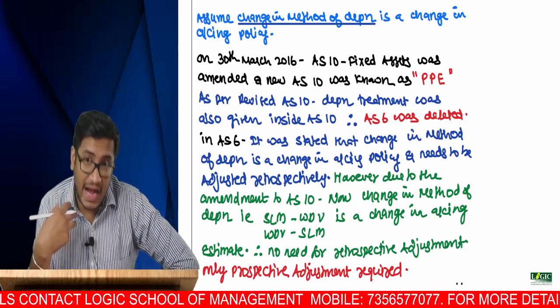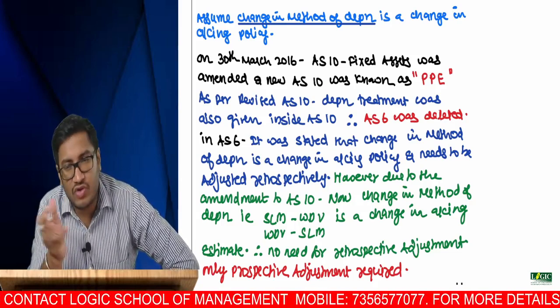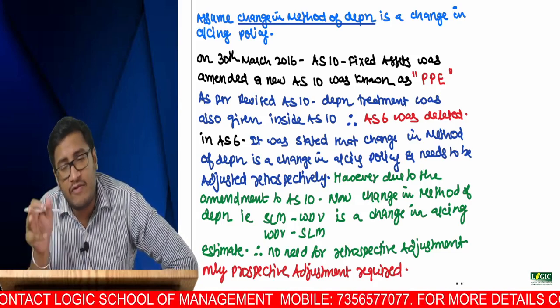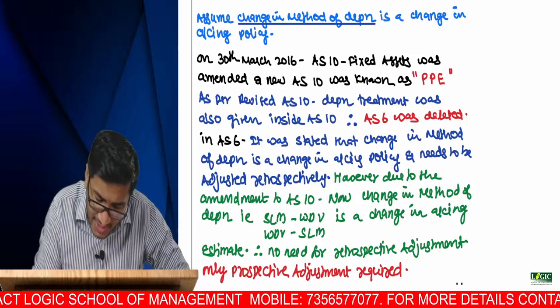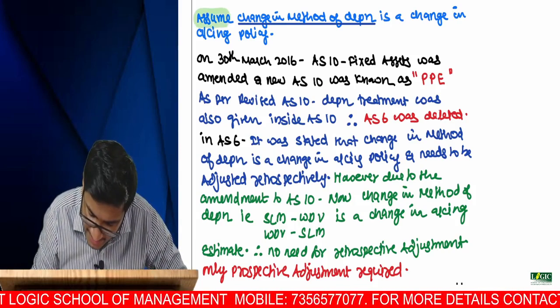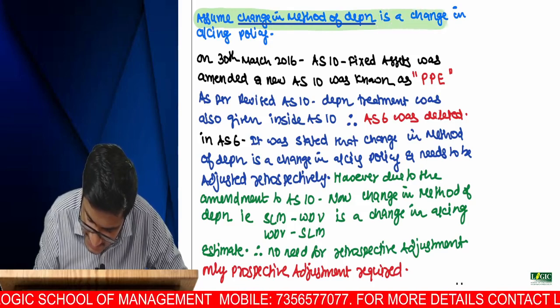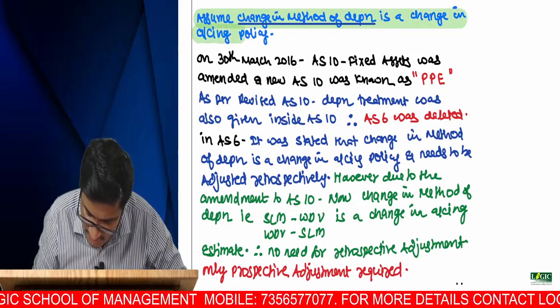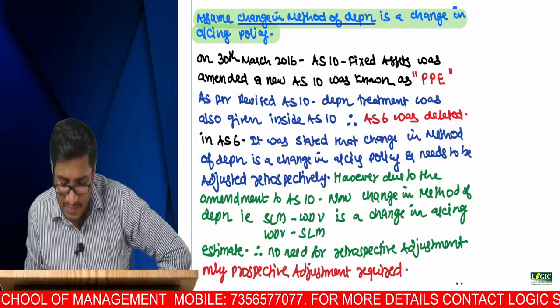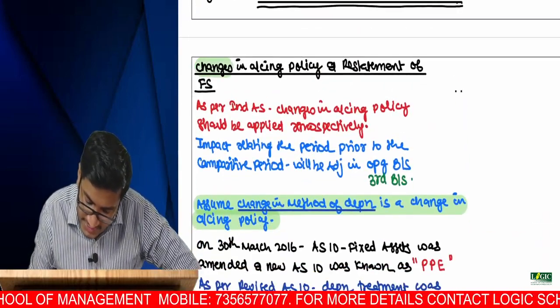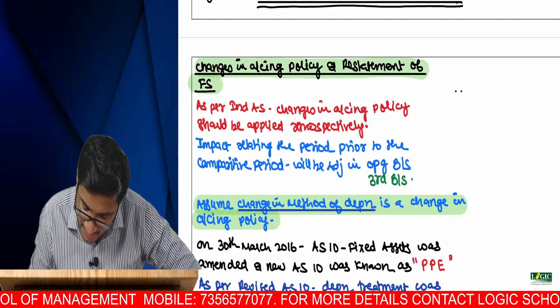But for our understanding purpose, since you have already learned retrospective adjustment in foundation, it becomes easy for me to communicate. So that is the reason why I said upfront itself, let me assume that a change in method of depreciation is a change in accounting policy, so that I can explain this particular concept. Which concept? Changes in accounting policy and restatement of financial statement.